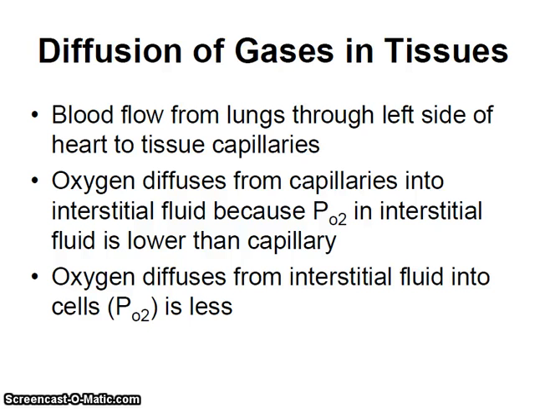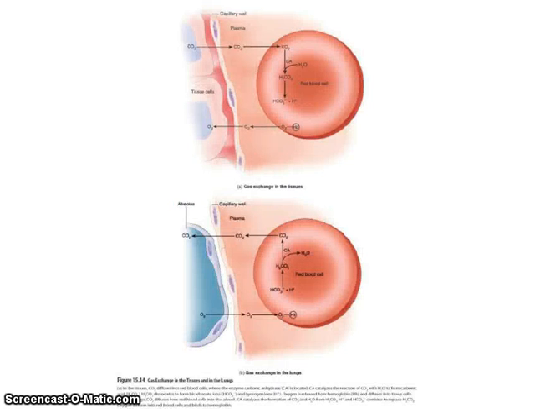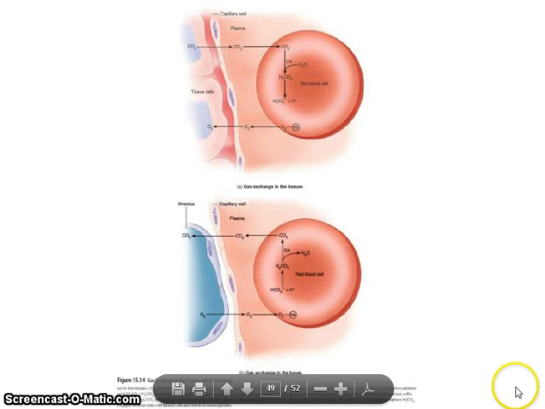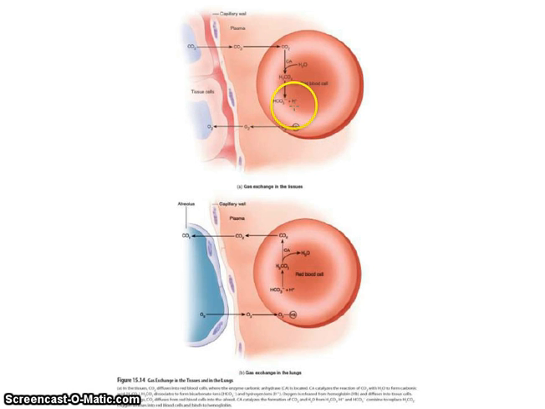And then from the interstitial fluid, it diffuses into the cells. And this shows this to you diagrammatically. I'm not going to belabor this with the carbonic acid production, but the take-home message is the oxygen will diffuse out of the red blood cell into the tissues.